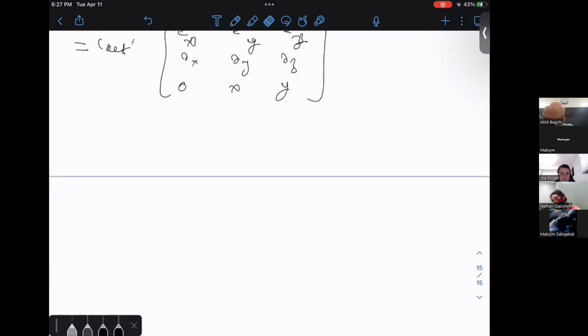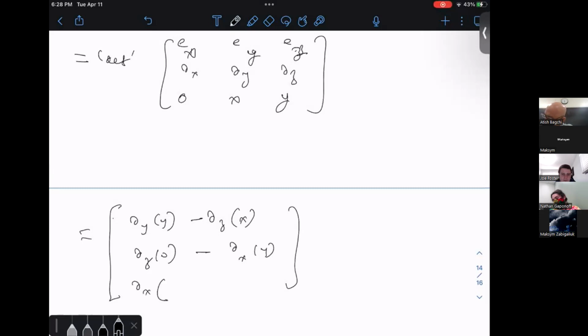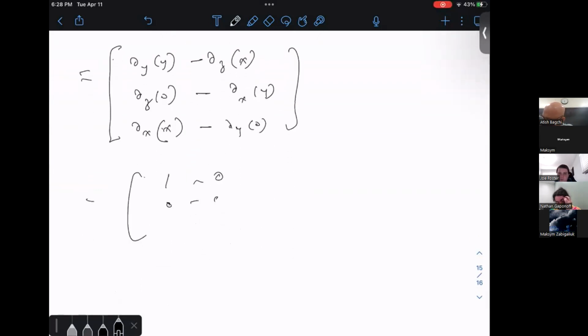This is equal to Ex times del y of xy minus del z of 0, then Ey, it's backwards, del z of 0 minus del x of xy, then Ez, del x of 0 minus del y of 0. So that is equal to x, minus y, 0.